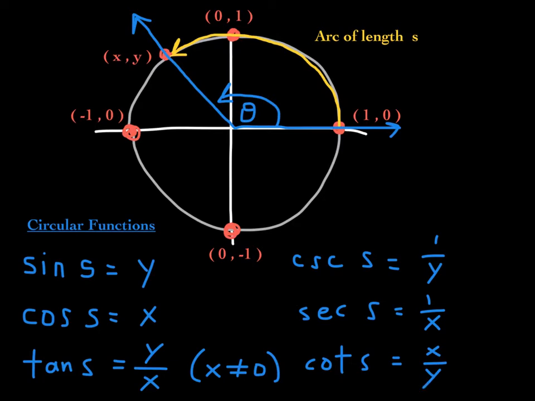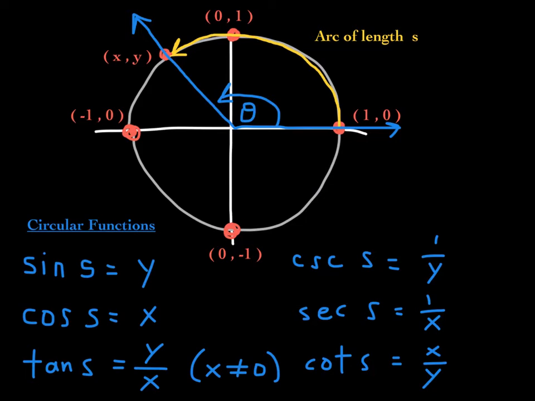Again, these are our circular functions, which are our trig functions, right? The same trig functions we've been talking about, but now they're all defined in terms of s, which is a real number that is represented by this arc length here. Okay, so now the domain of our 6 trig functions consists of real numbers.